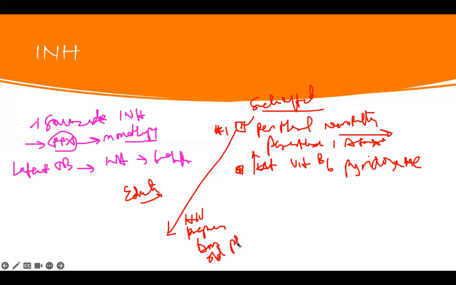These four groups, their risk of peripheral neuropathy is very high. So you need to give everybody B6, but you have to be especially careful with these patients. The dose is like 25 to 50 milligrams per day. So they take it with that medication for 9 months.